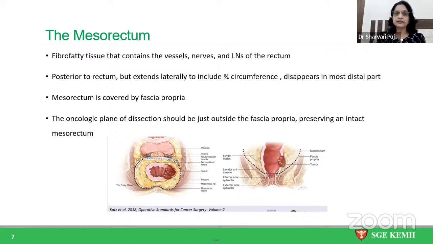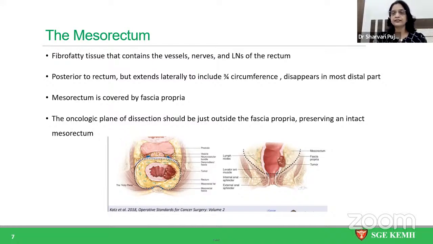The mesorectum is covered by the fascia propria of the rectum, or the visceral fascia, as we can also call it. The importance of the mesorectum is that the oncological plane of dissection while doing surgery for rectal cancer should lie outside the fascia propria, preserving an intact mesorectum.